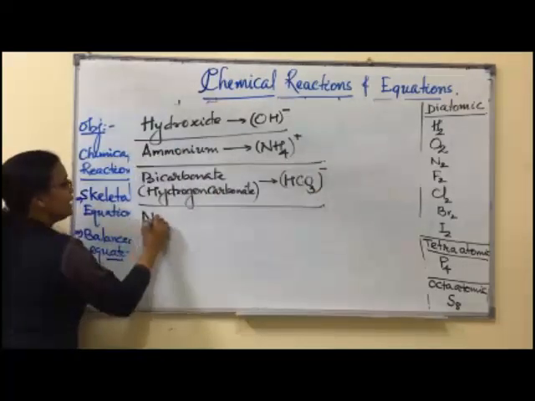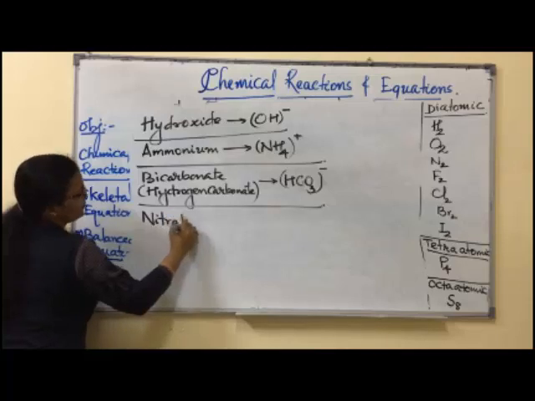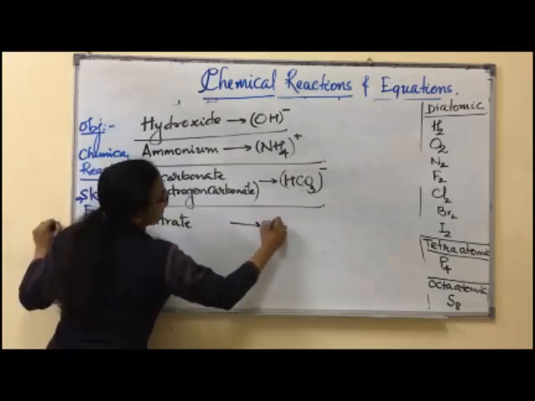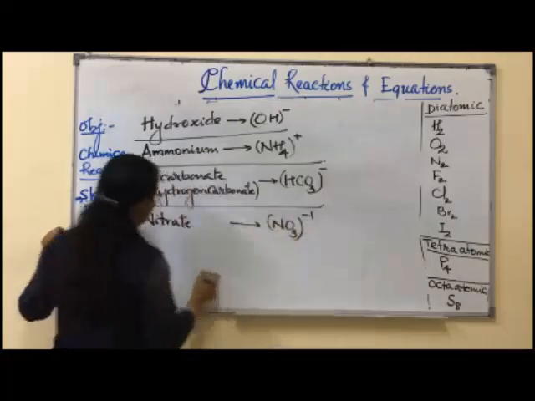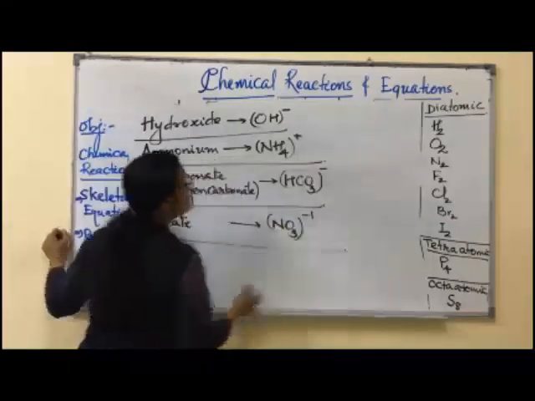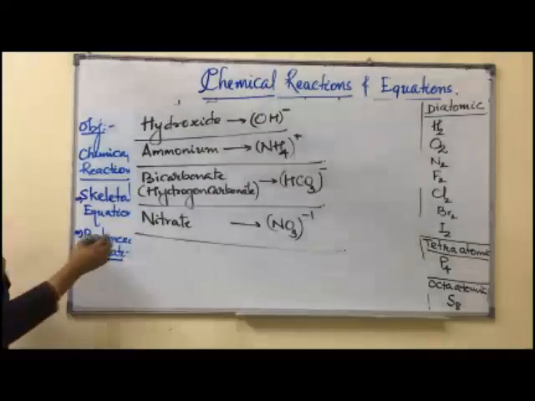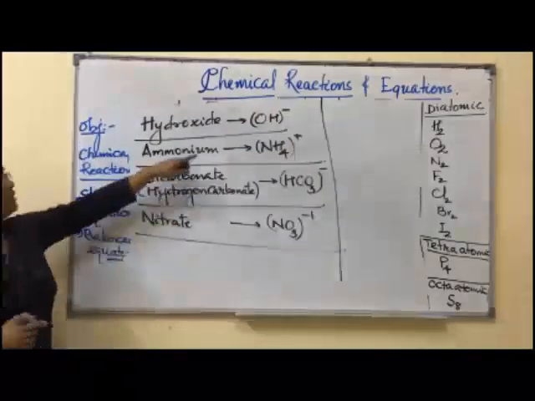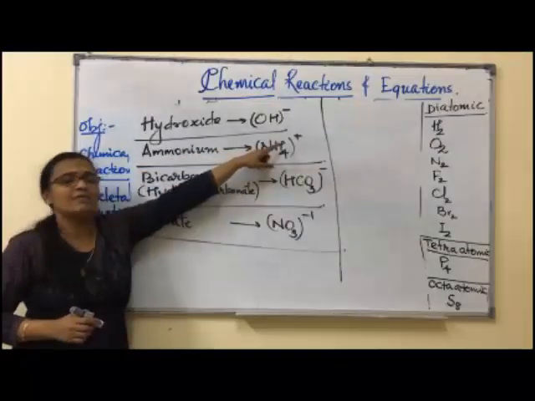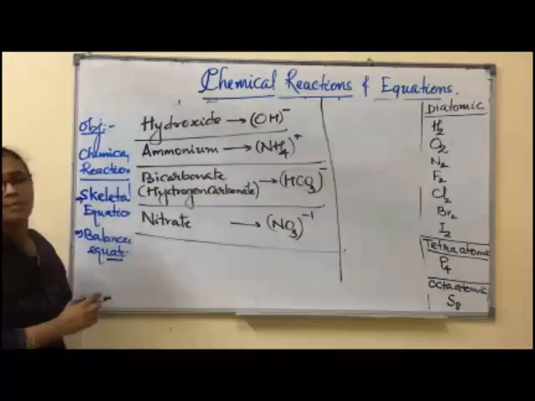Then nitrate, NO3 -1. All these have 1 as the valency. Here there is a difference: only ammonium has +1, the remaining all have -1 valency.